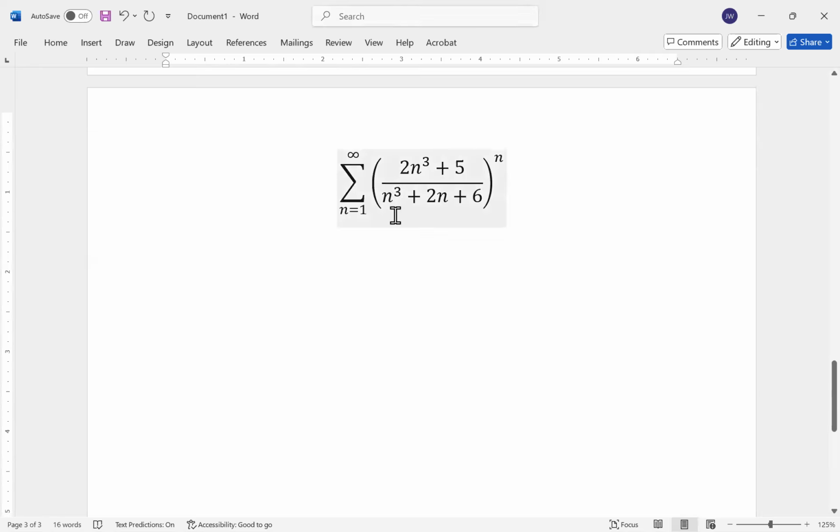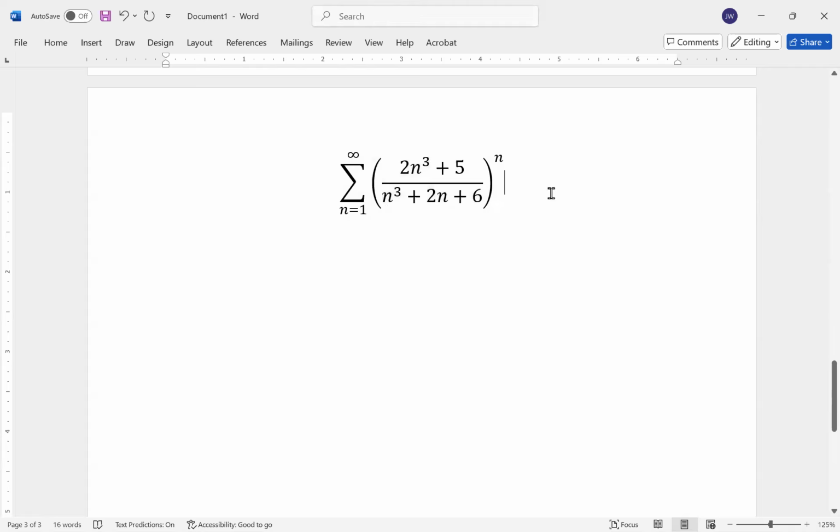So what I would do is look inside. This is the informal way. I would look inside and say, what's the limit of this thing that's being raised to the nth power? Well, the limit is pretty clearly 2.